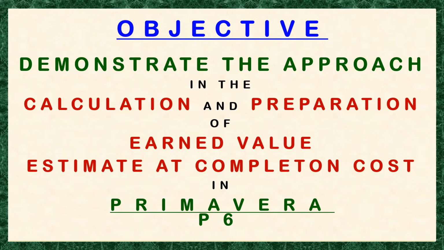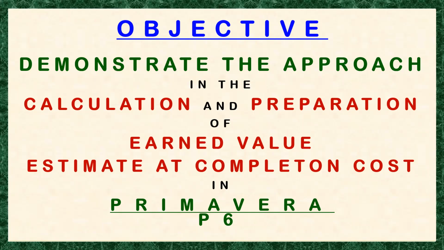But before we can derive the estimate at completion, we have to determine first the estimate to complete, in which the Earned Value Management System offers several techniques to adapt accordingly.